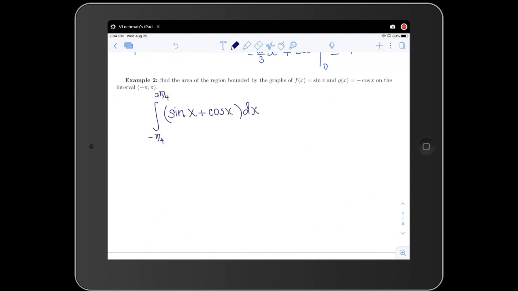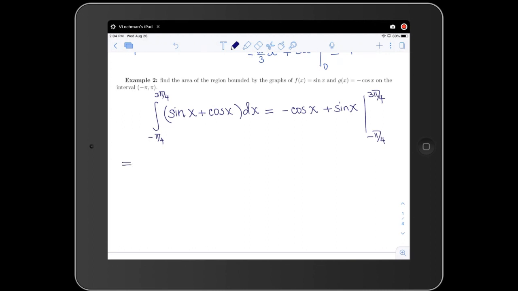The antiderivative of sine is negative cosine. The antiderivative of cosine is positive sine.